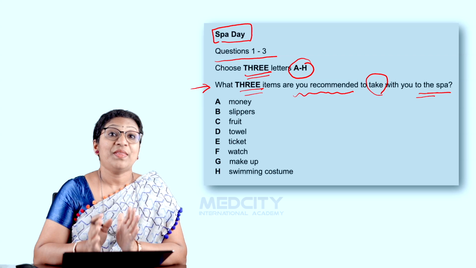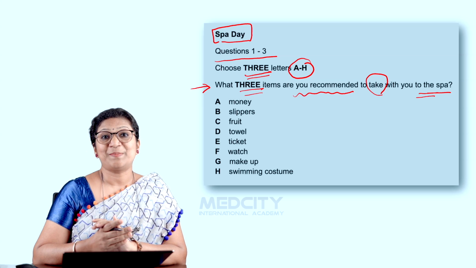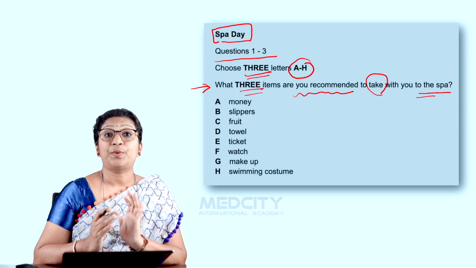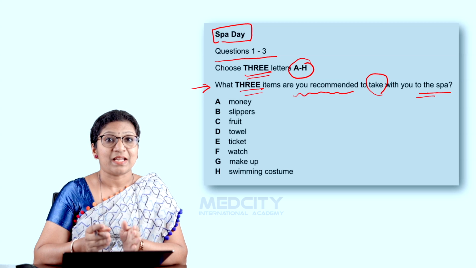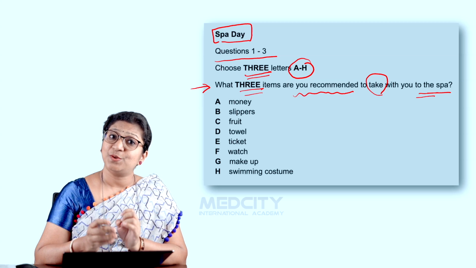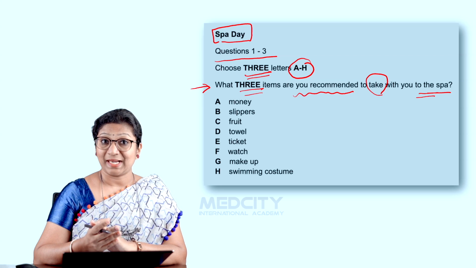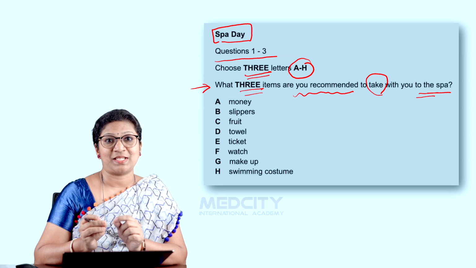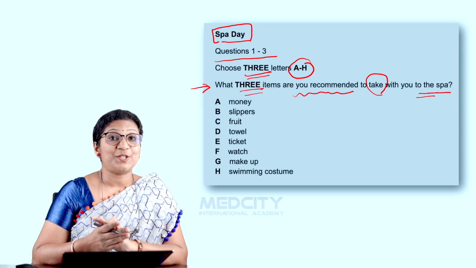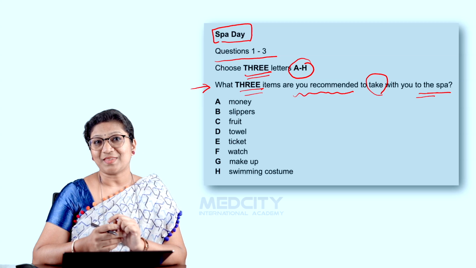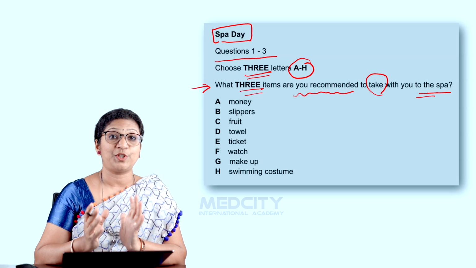So, one thing you have to be careful about multiple choice questions is that probably out of the items listed here, you might listen to the names of most of these in the audio. But we have to focus on the question. A couple of things we need to make note of. One, how many right answers should we choose?